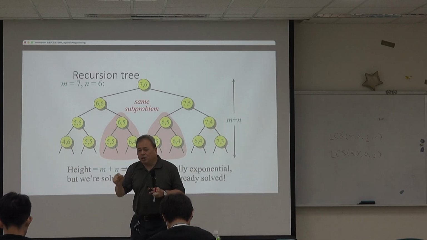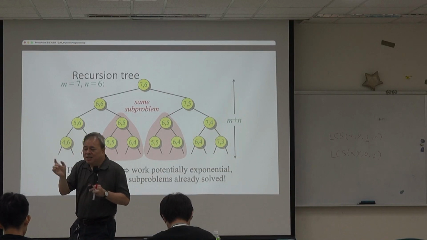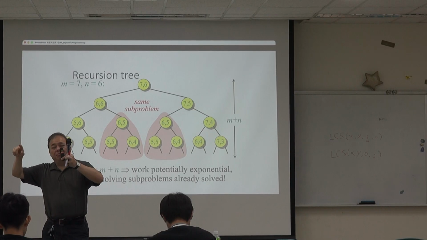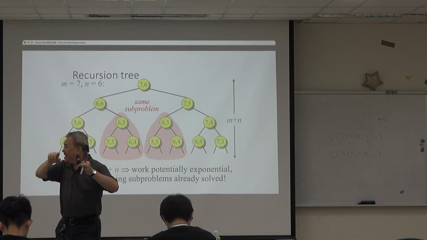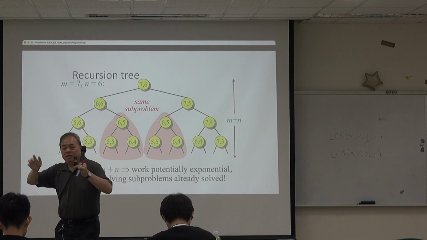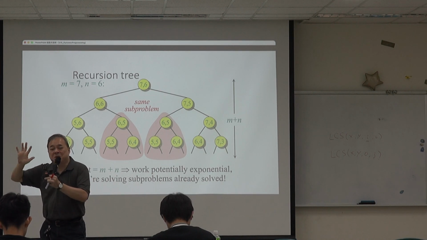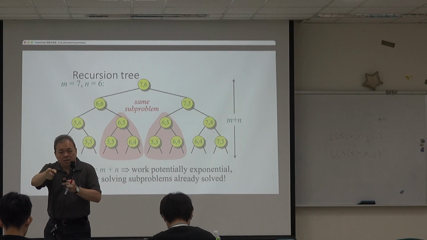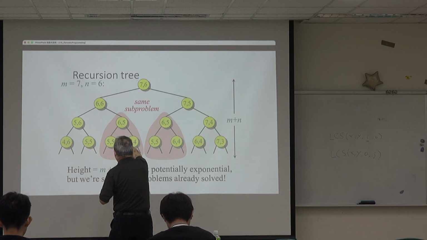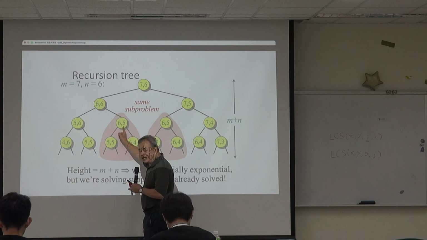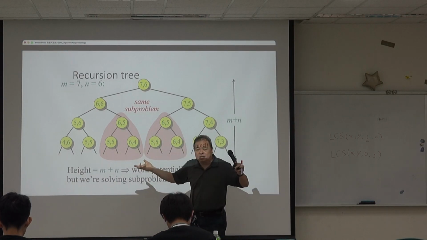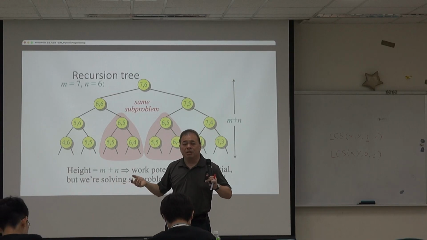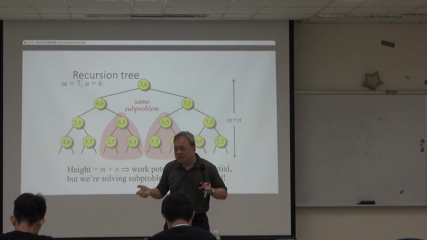That means we want to find the length of the LCS of the prefix of x of length 6 and the prefix of y of length 5, right? And this has the same meaning. We are doing exactly the same job, exactly the same thing twice.